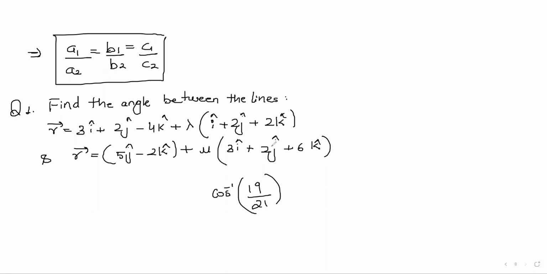You see this, 3 plus 4, 7, 7 plus 12, 19. Okay, under root this square plus this square. Check this, it should be 21. Zephyr, please confirm if you're getting this answer.